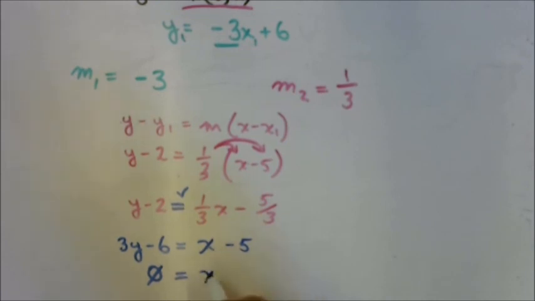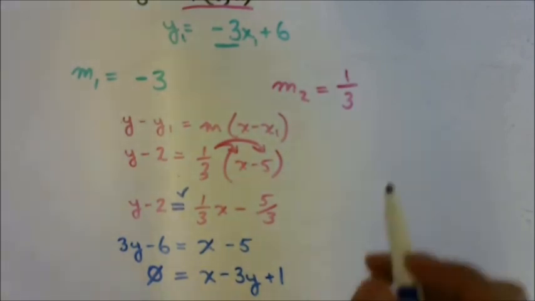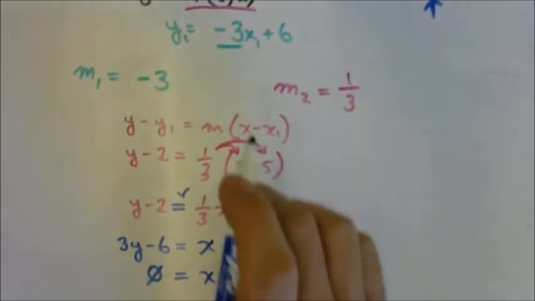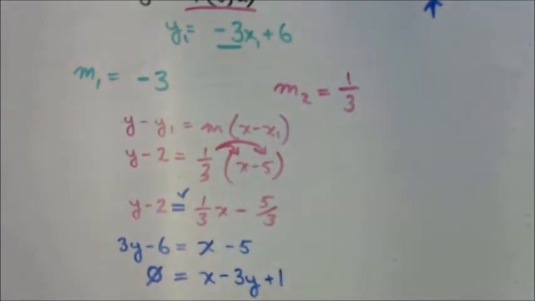And then I'm going to put these things in order right away. I'm going to have x minus 3y, and then I have plus 6 minus 5. Well, that's plus 1. And there we have our equation of the line in standard form that is perpendicular to the line we were given and passes through the point P 5, 2.